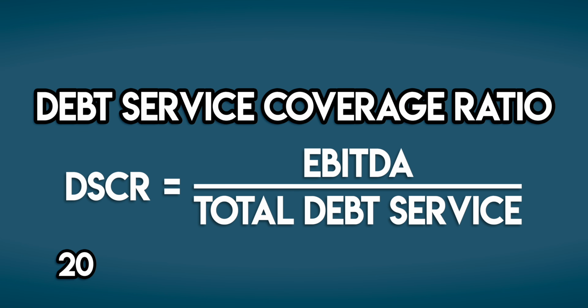EBITDA is earnings before interest, tax, depreciation, and amortization. This ratio uses EBITDA instead of operating profit because it excludes depreciation and amortization, which are both non-cash expenses. It tells us whether a business generates enough profit to service both the interest and principal repayments on its debt.